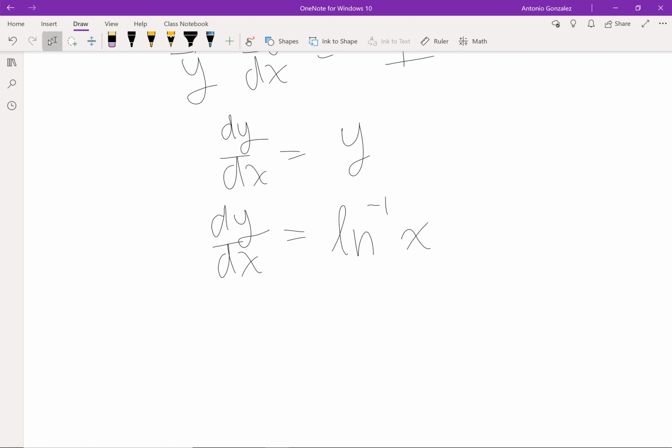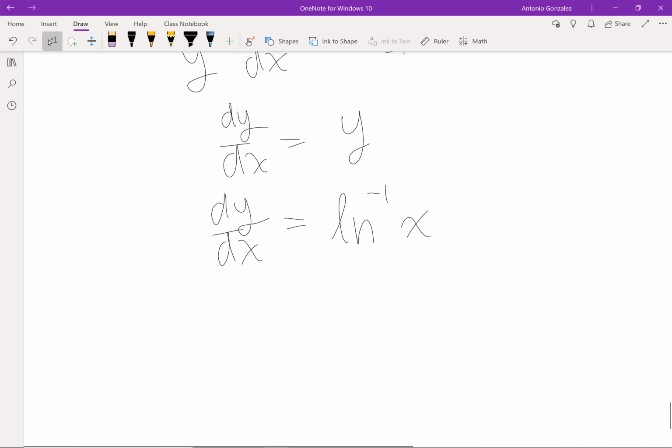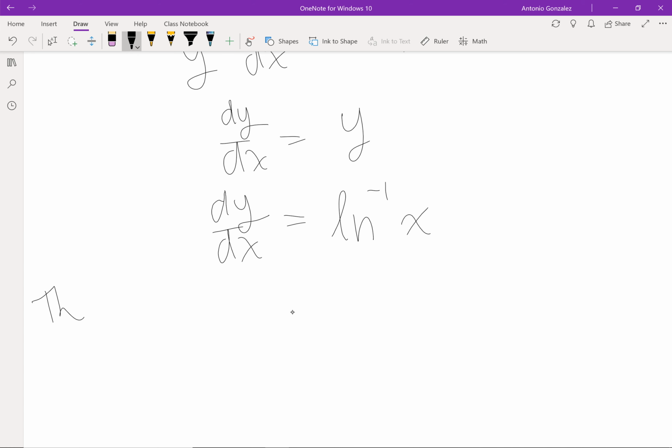Now, at this point, let's introduce some new notation: the natural exponential function.